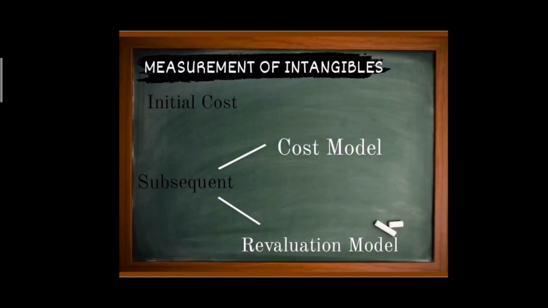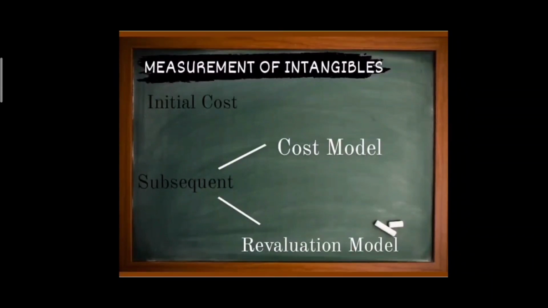Cost model, we measure the intangible asset at cost. Ibig sabihin, depende sa ways on how the entity acquired the specific intangible asset. Pipili ang isang entity kung alin man model. Pag sinabing cost model, ito yung paggastos. Pag revaluation model naman, ito naman yung pagsusuri.